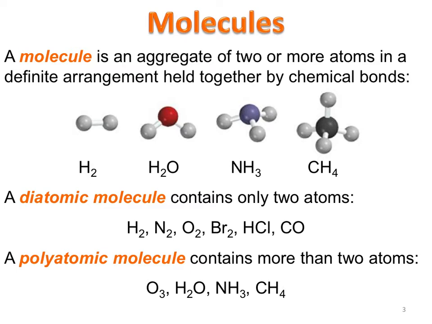They can be homonuclear diatomics, like hydrogen and nitrogen, oxygen and bromine, having the same atoms bonded together, or they can be heteronuclear, like hydrogen chloride or carbon monoxide. Polyatomic molecules have more than 2 atoms. Ozone, water, ammonia, and methane are examples down here at the bottom.